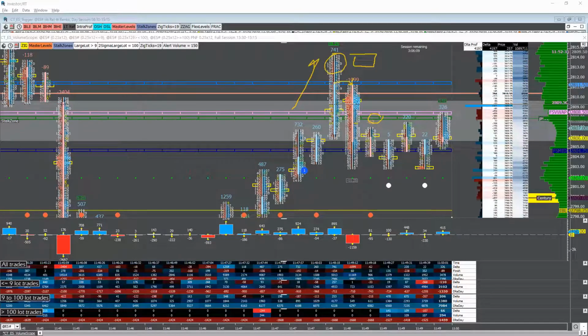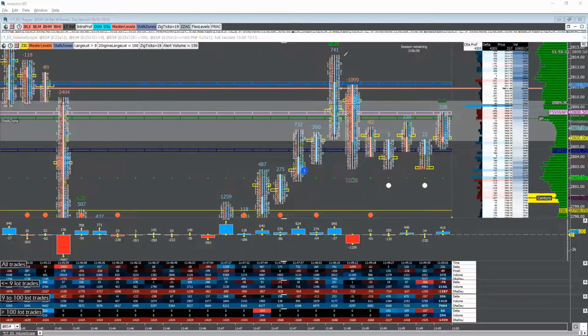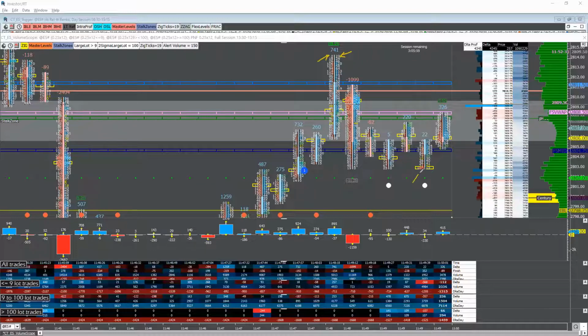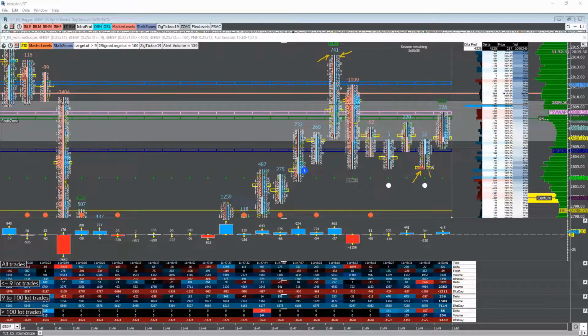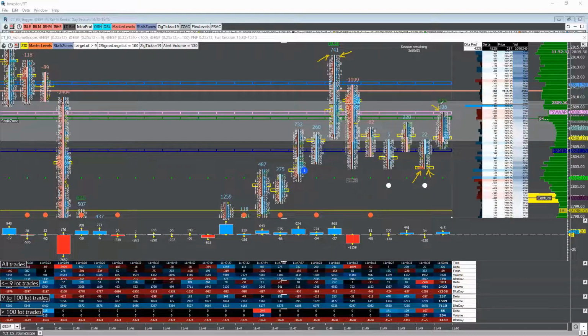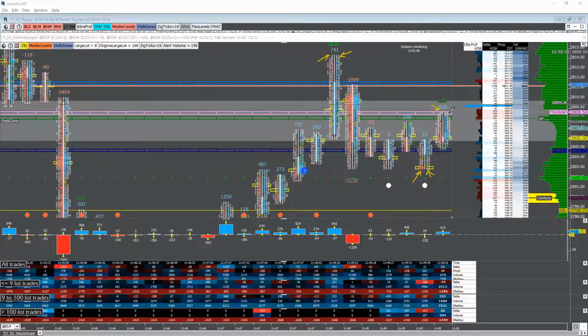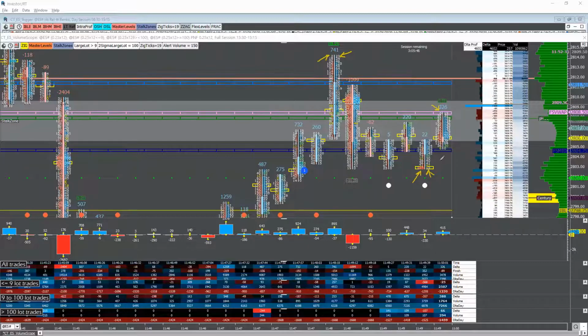And characteristic of a zipper, just to talk footprint for a second, is a bar that has numbers on both sides very, very often. Right here, 285 and 12. In general, we see bars having a 0 versus what's on the offer at 13, or 0 on the offer and something on the bid.